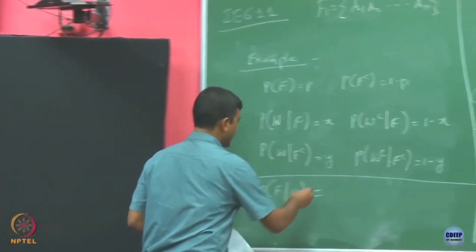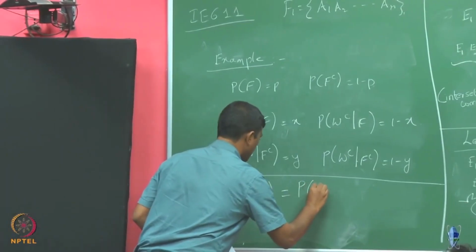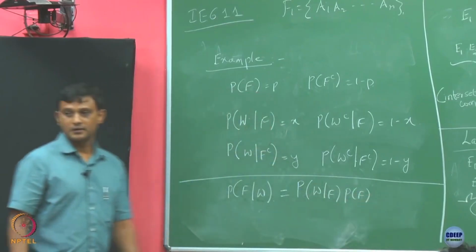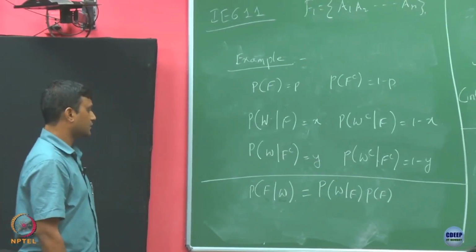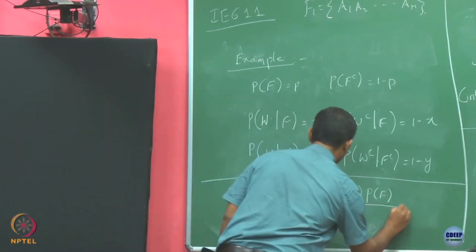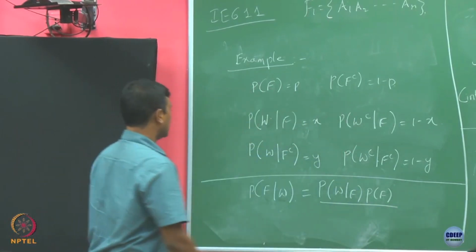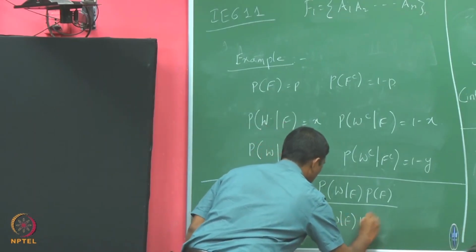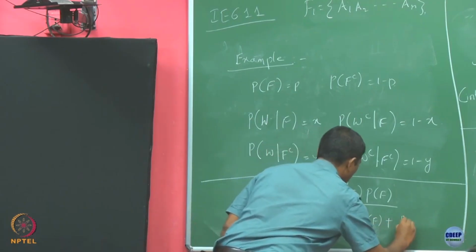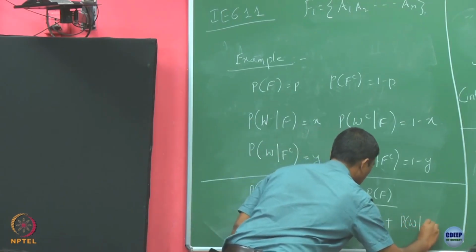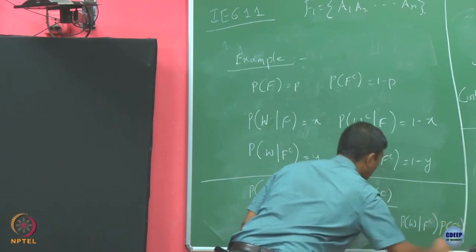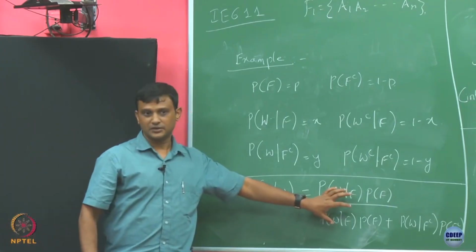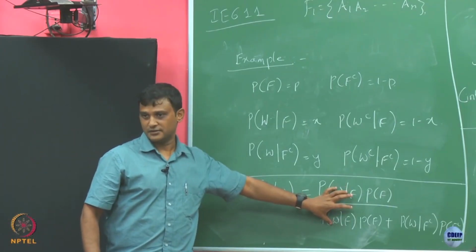So I can write it as P of F given W equals P of W given F into probability of F, divided by P of W. Now everything is expressed in terms of the things which you already computed beforehand.